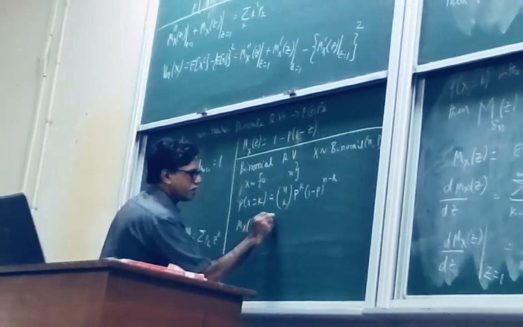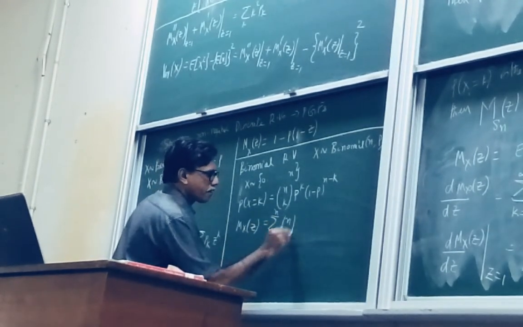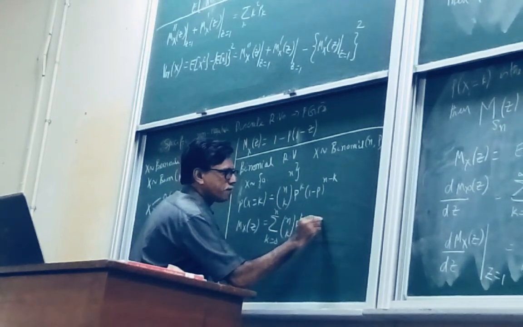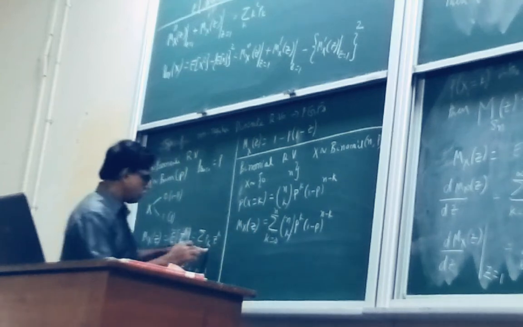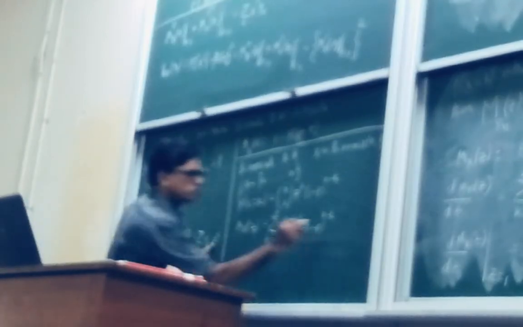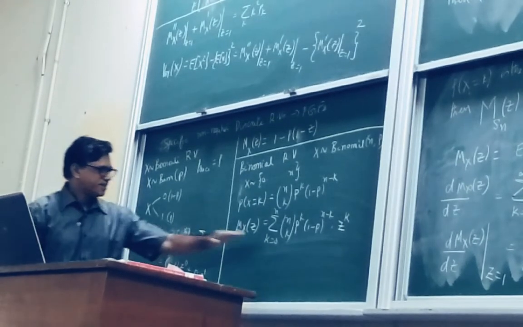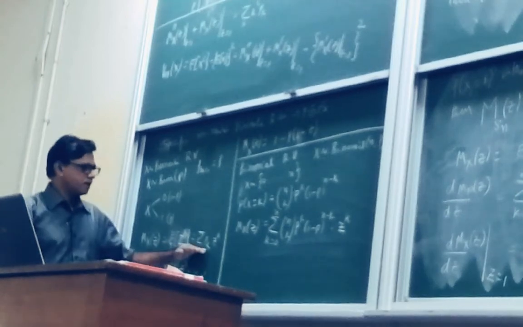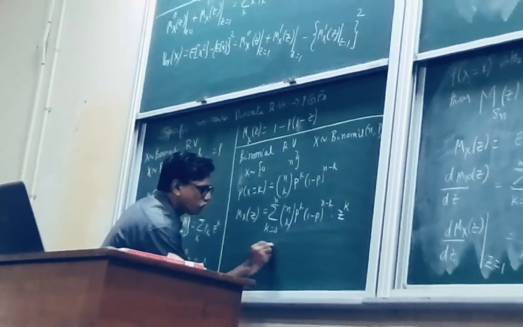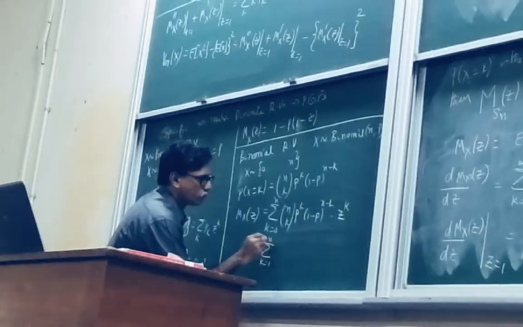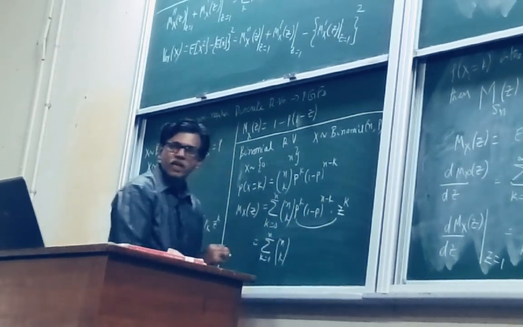So here what will happen? Sigma k equal to 0 to n, n choose k, p power k into 1 minus p power n minus k. This is the probability pk. Now z power k I have to put. So sigma pk z power k, where pk is this one. These are all the same power.